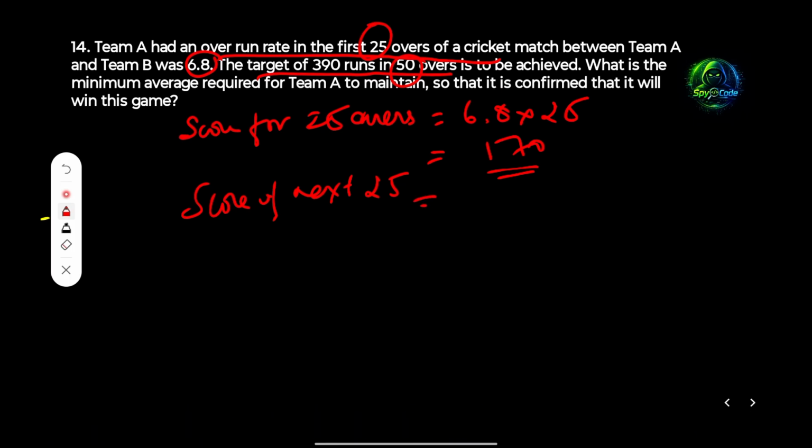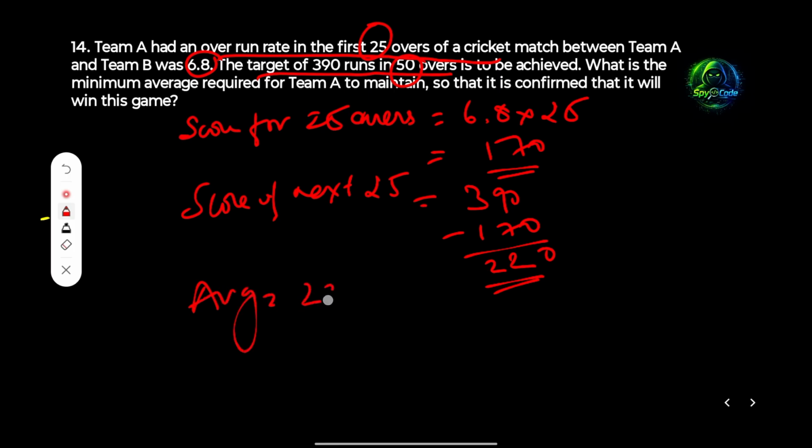So how much score is needed for the next 25 overs? The total target is 390 minus 170, so 220 are needed for the next 25 overs. So we need to find the average here. The average for the next 25 is 220 divided by 25.